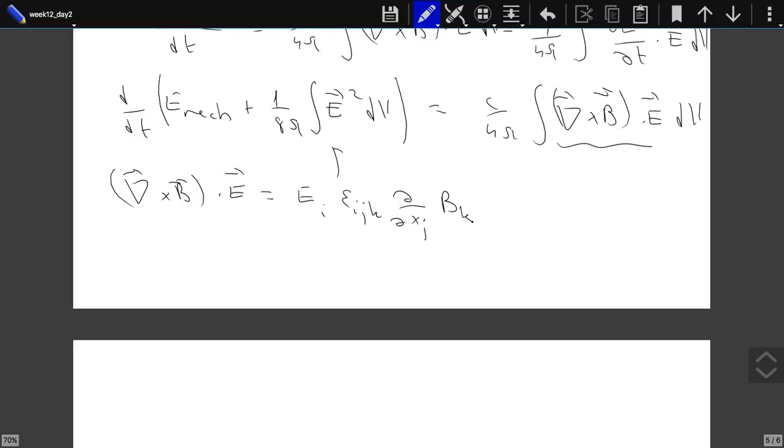I just wrote everything in terms of the components. Well, this is del over del xj of epsilon ijk E_i B_k. This is a divergence. Minus, but of course they are not equal, minus epsilon ijk B_k del over del xj E_i.